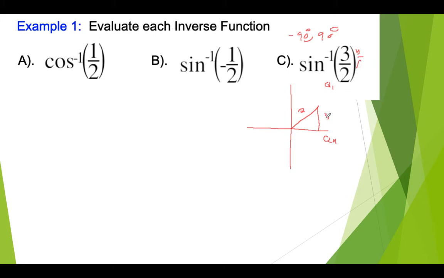Well, if you recall some previous skills in geometry, a leg cannot be longer than the hypotenuse, right? And so we don't even have a triangle there. The leg cannot possibly be longer than the hypotenuse. And so we're going to say undefined. Okay, that would be the answer there.